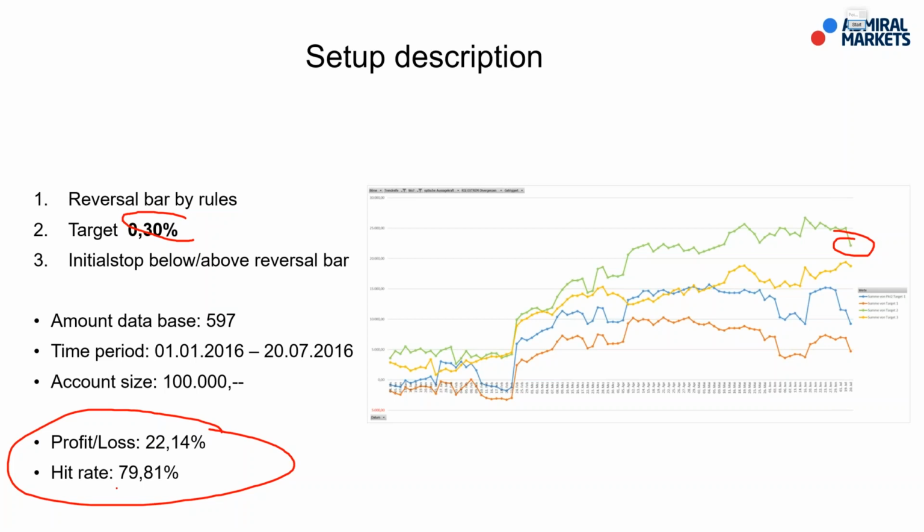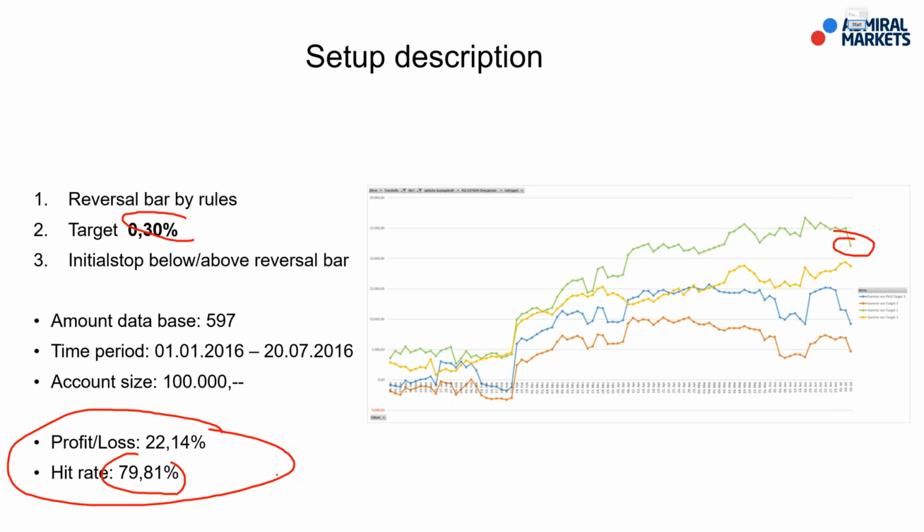I guess this is a really easy setup, and if you don't work with a target, then you have a hit rate of around 65%. But my proposal to you is use a target.